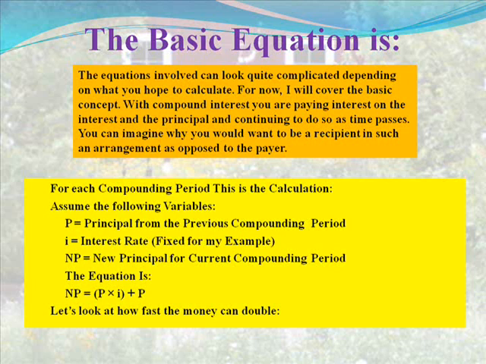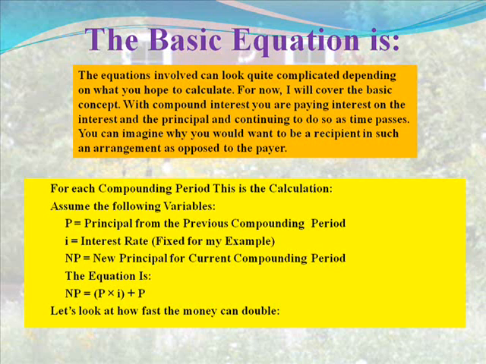For each compounding period, this is the calculation. Assume the following variables. P will equal principal from the previous compounding period. I is the interest rate, fixed for my example. NP will be new principal for current compounding period.